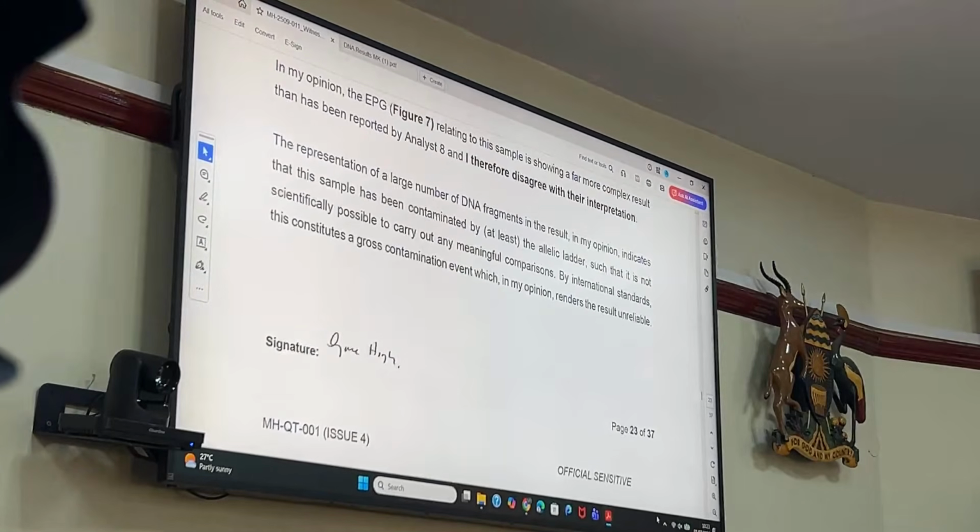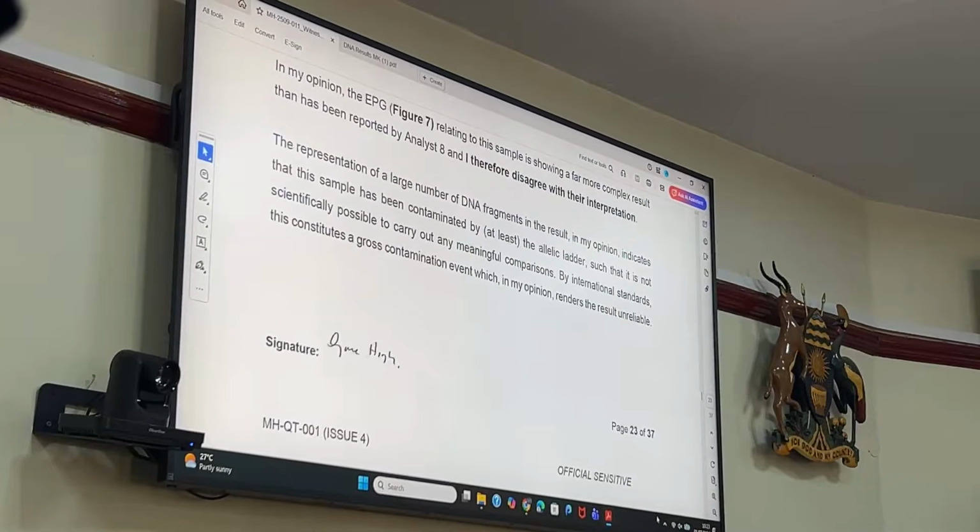Okay, I want to close this area and move. You have explained to us poor laboratory practice, negative control contamination, and allelic ladder contamination, which is so gross that the lab should first be cleaned before it can continue processing other DNA samples.